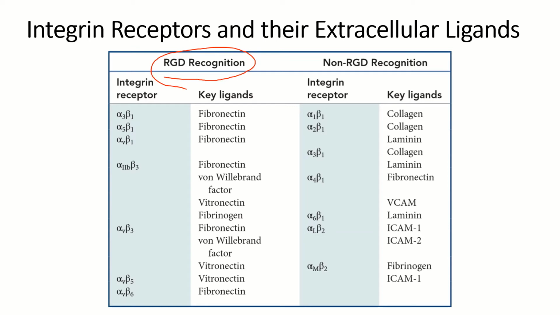Remember, if you go back to our previous video, fibronectin has the RGD sequence. The type of integrin in the first column can recognize that sequence and attach to that fibronectin. There are also integrins that cannot recognize the RGD sequence. Instead, they attach to other molecules like collagen without the need for an RGD sequence.